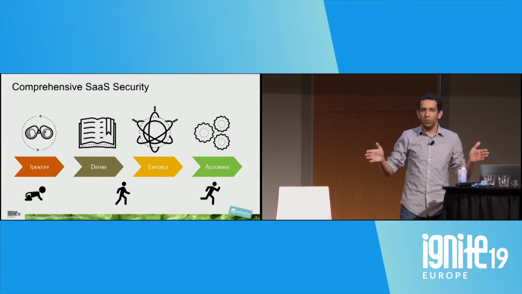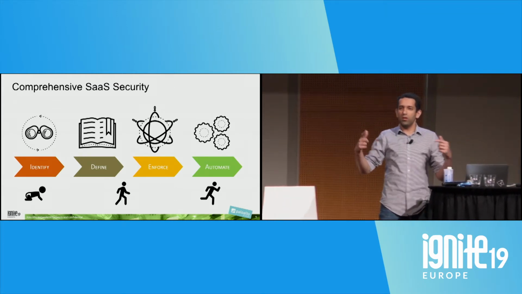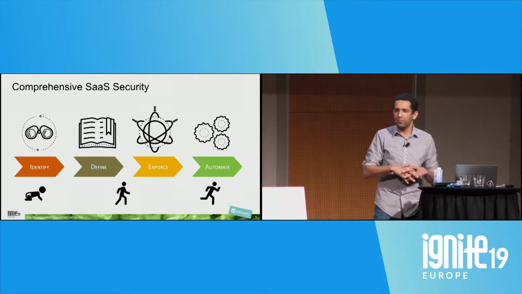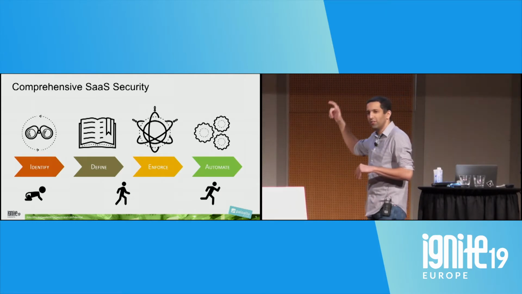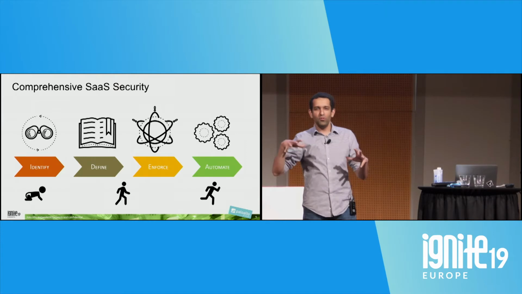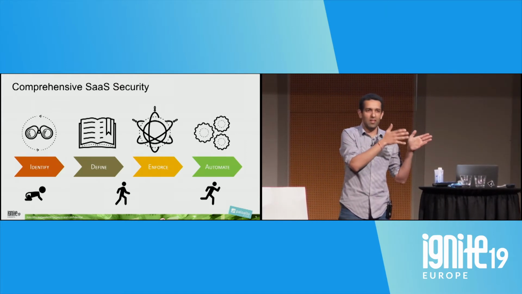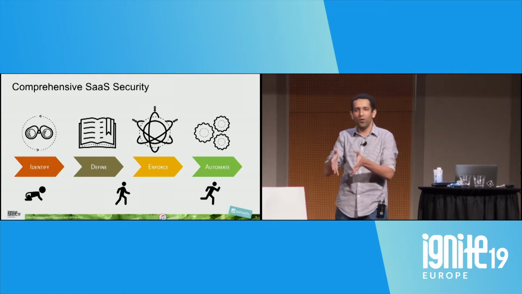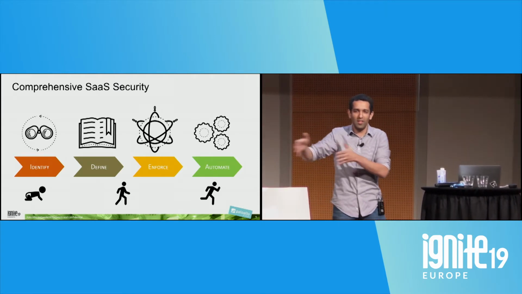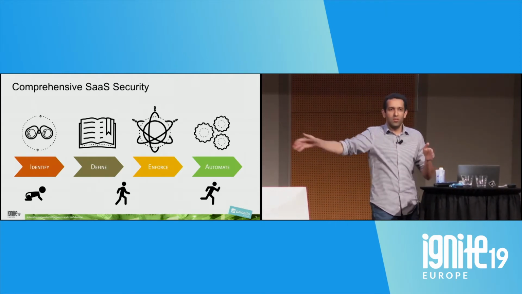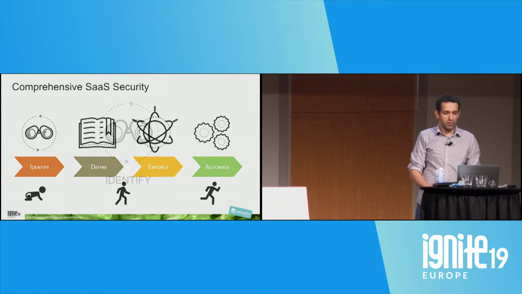I'll just walk through each one of these steps very quickly, and we'll talk about best practices within each one of these steps. You also see these little icons on the bottom. This actually shows you where you are in the journey. So everyone starts from the identify step, right? That's where you start crawling, and then you go to walking, and then you go to running, right? Your goal is to get to the last phase of this whole journey, right?